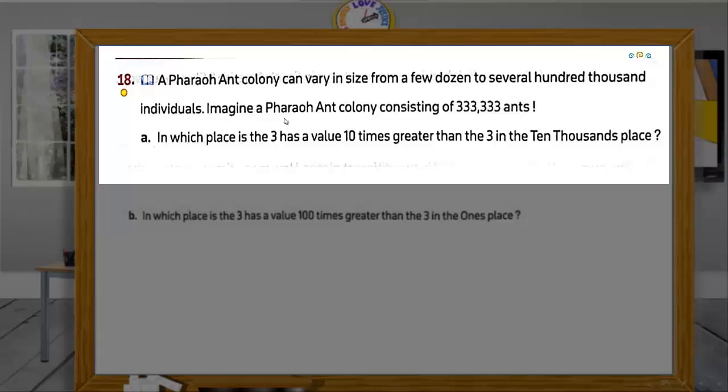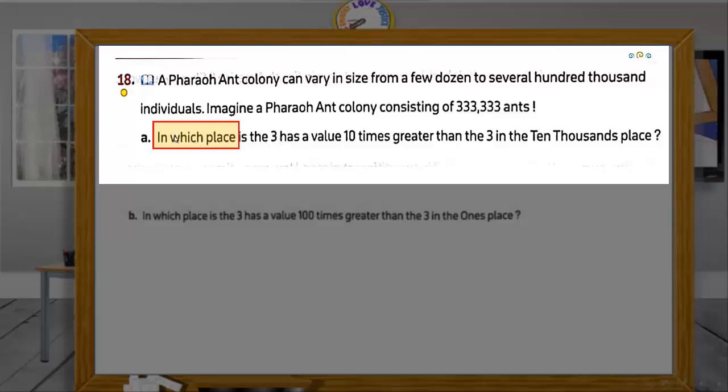Imagine a pharaoh ant colony consisting of 333,333 ants. He asks you here in which place. Focus well. In which place? He asks you about the name of the place. Your answer will be a name or words, not a number, because he doesn't ask you about value.